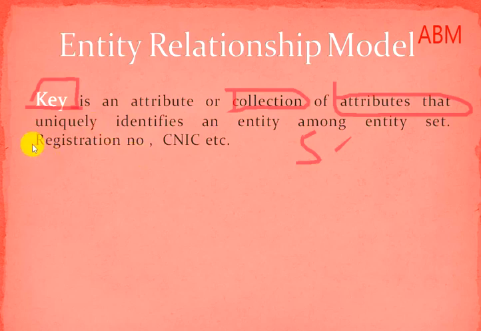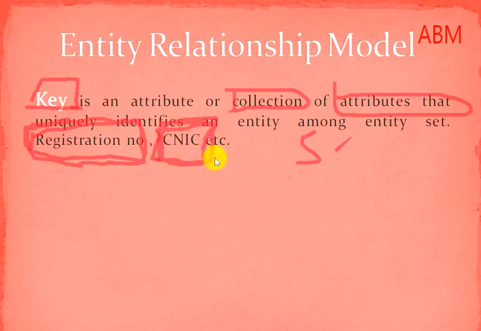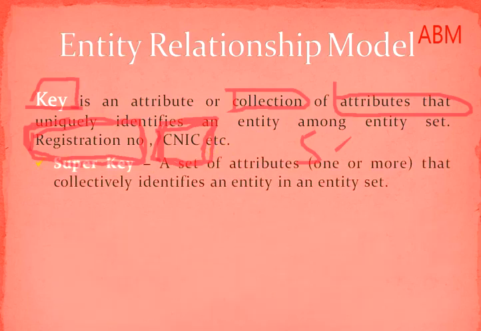For example, if we take any university student data, then we can categorize the students by their registration number, and if we take the citizen data, then we characterize every citizen of the country by their national identity card number, by their national registration number.